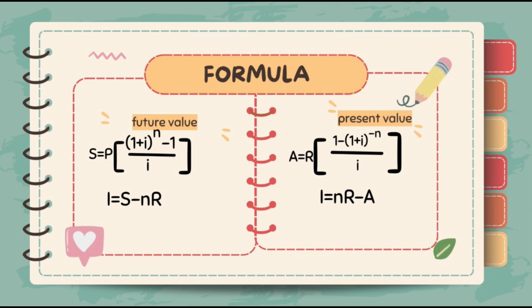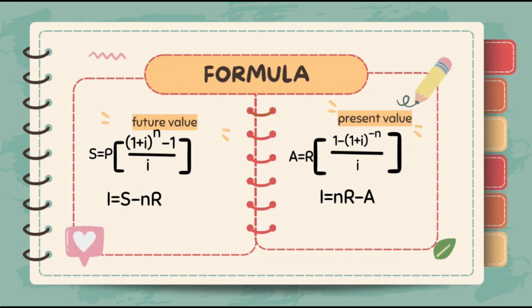First is future value. The formula is S equals R open bracket (1 plus i) to the power of n minus 1 over i close bracket. The interest earned I from investing in an annuity is given by I equals S minus nR. Second is present value.